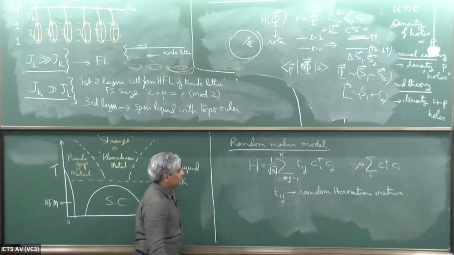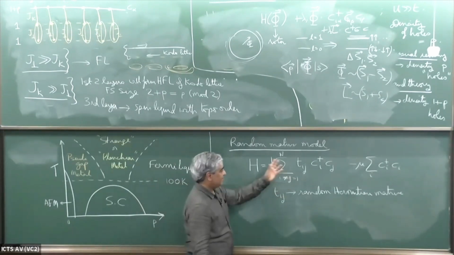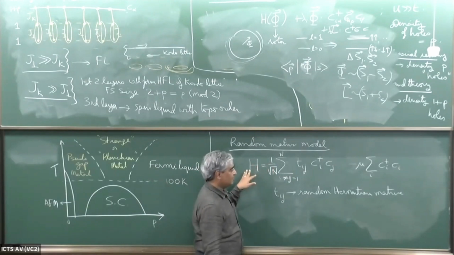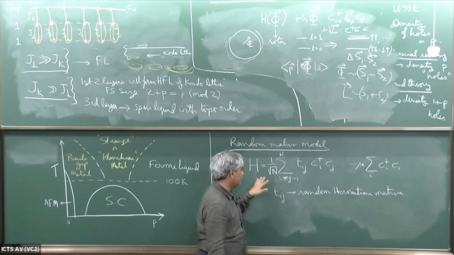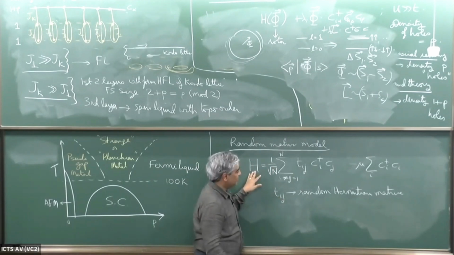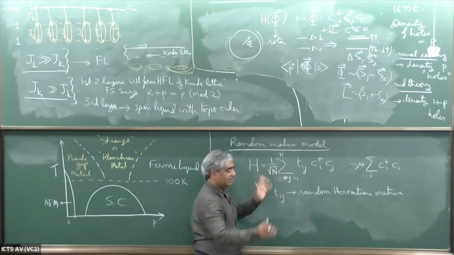But I'm going to interpret this random matrix problem as a many-body problem. So what I'm going to look at are the eigenstates of this Hamiltonian H, not the eigenstates of T_ij. So I'm really working in the Fock space of n electrons or some fraction of the electrons. Say this is half filled, so I have n over 2 electrons.